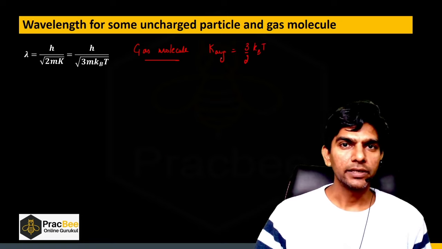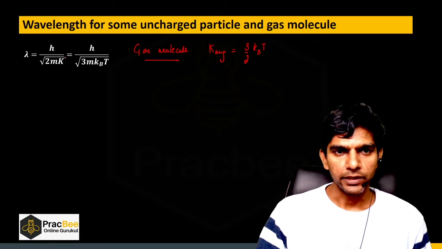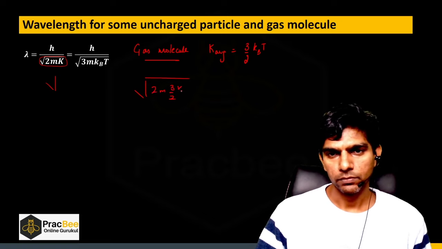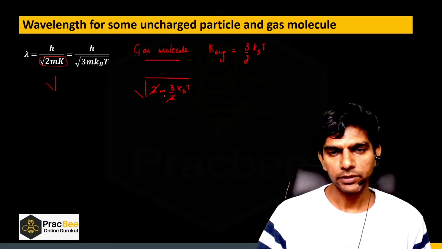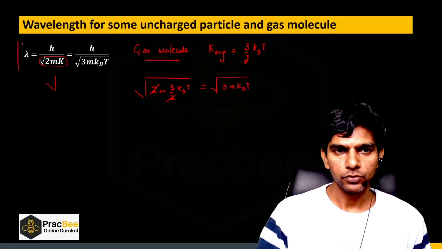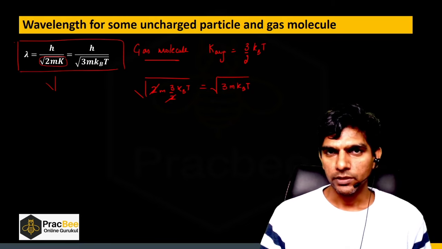So we can replace kinetic energy with 3/2 kBT. So we can write root of 2mK as root of 2m times 3/2 kBT. So this 2 will get eliminated. So we'll get root 3m kBT. So do remember this formula. Right? So I hope the concept is clear to you.